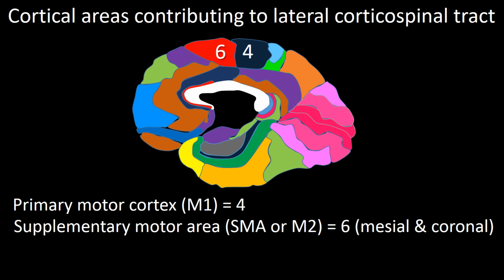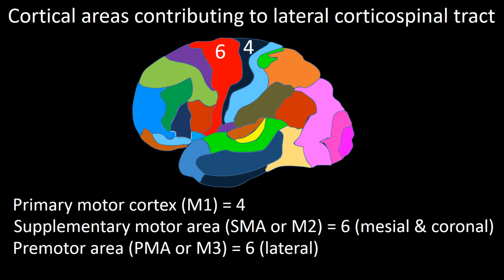The third cortical area that contributes to the lateral corticospinal tract is the premotor area. This area is also called the PMA or M3. The premotor area occupies the segment of Brodmann area 6 that is found in the lateral surface of the hemisphere, as you can see in this frame.